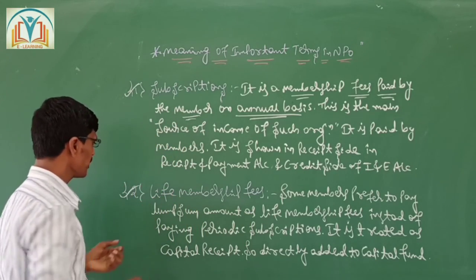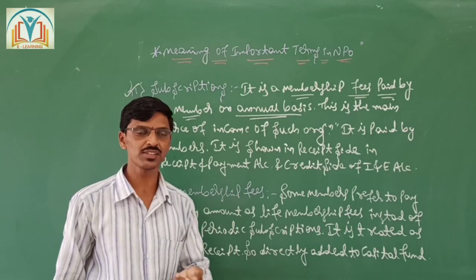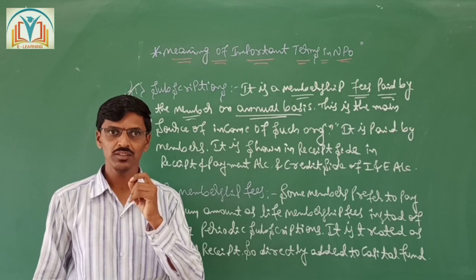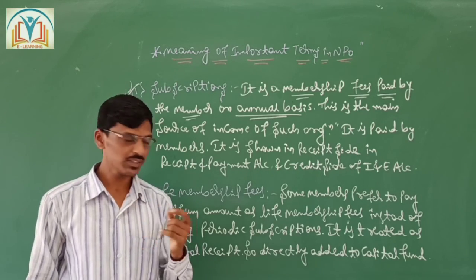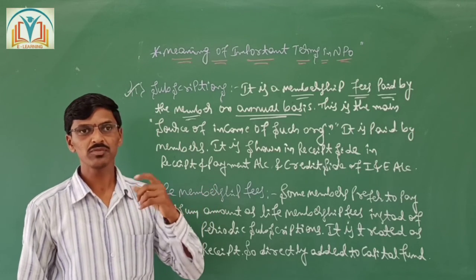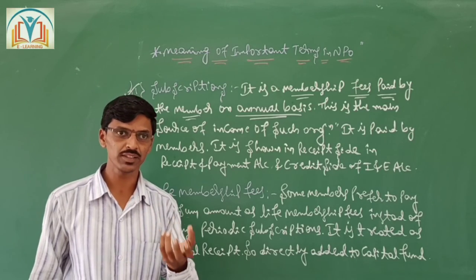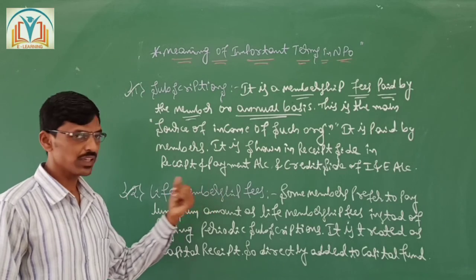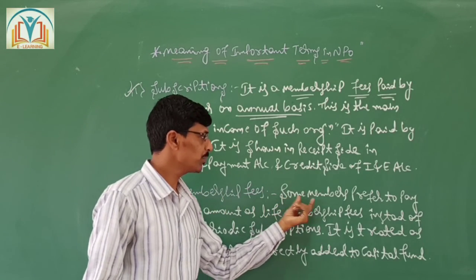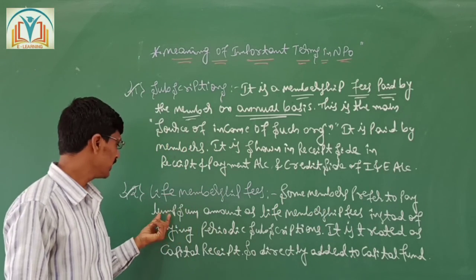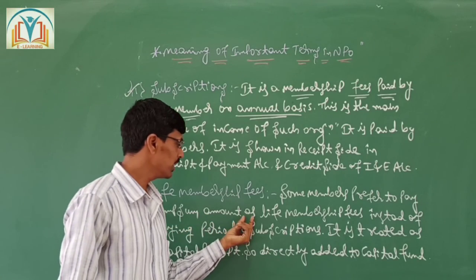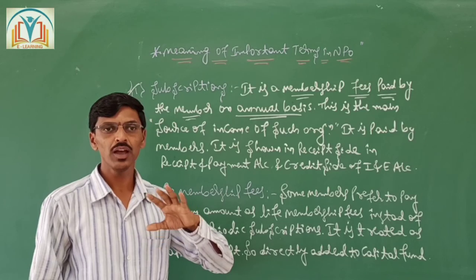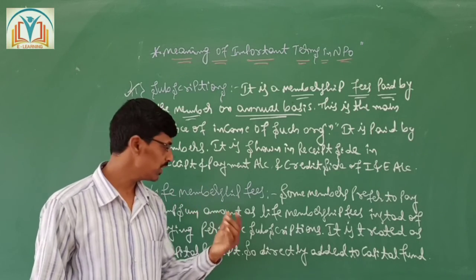Then the second is life membership fees. This was already explained in a previous video lecture by giving an example. Life membership fees means some members prefer to pay a lump sum amount instead of paying periodically on an annual basis.